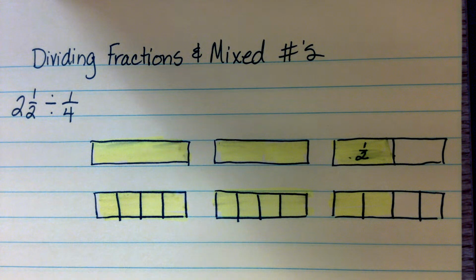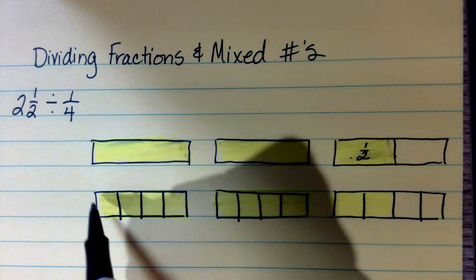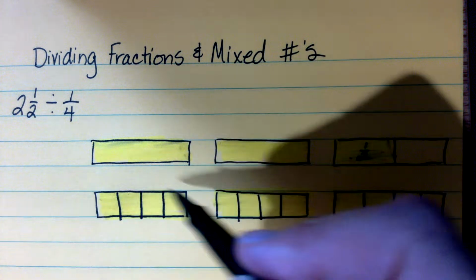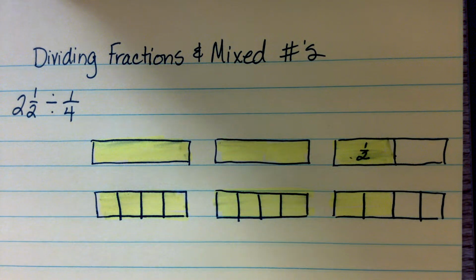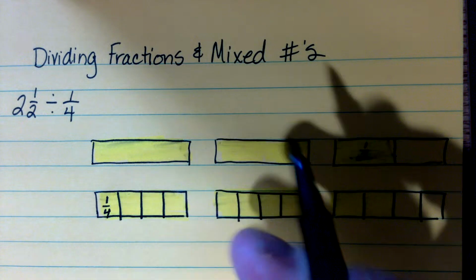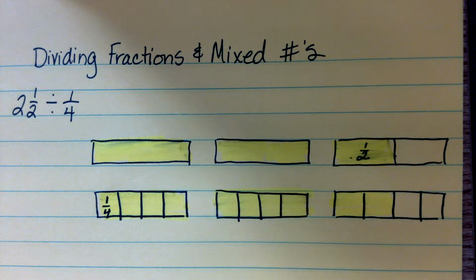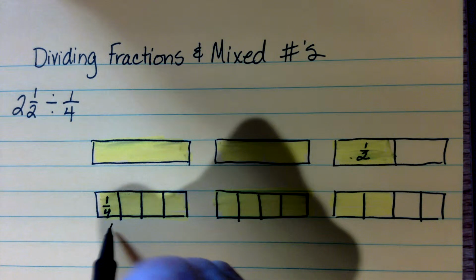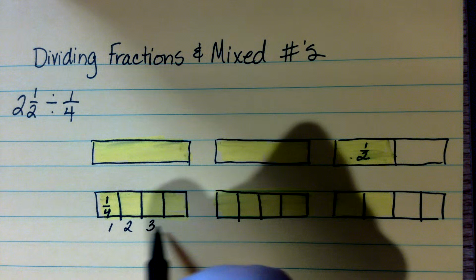Notice that we still have the same size pieces, the same amount, the same value. The difference is, that's with our wholes. Our wholes are the same size. The difference is we've broken this into more pieces. Each one of these is 1/4. So to find out what 2 1/2 divided by 1/4 is, we just count the number of pieces.